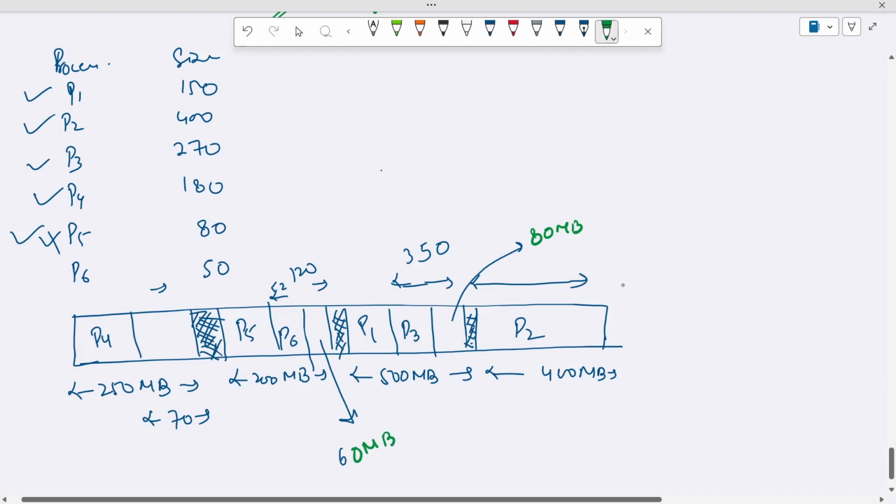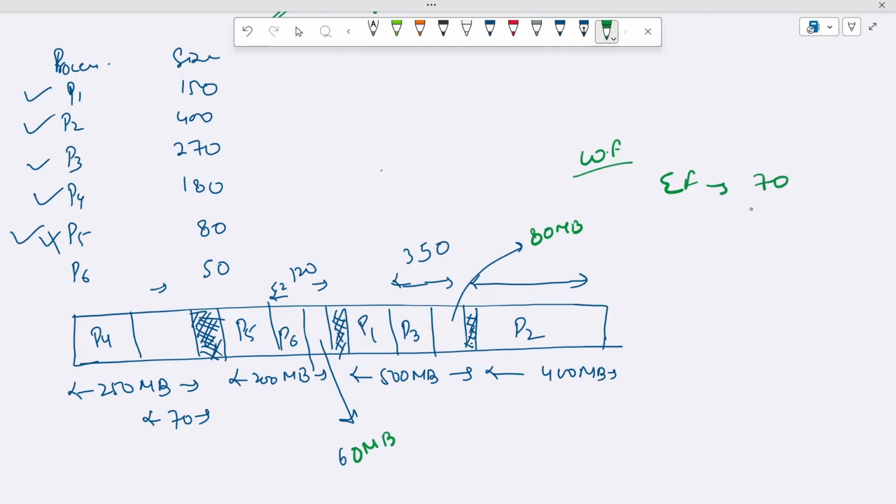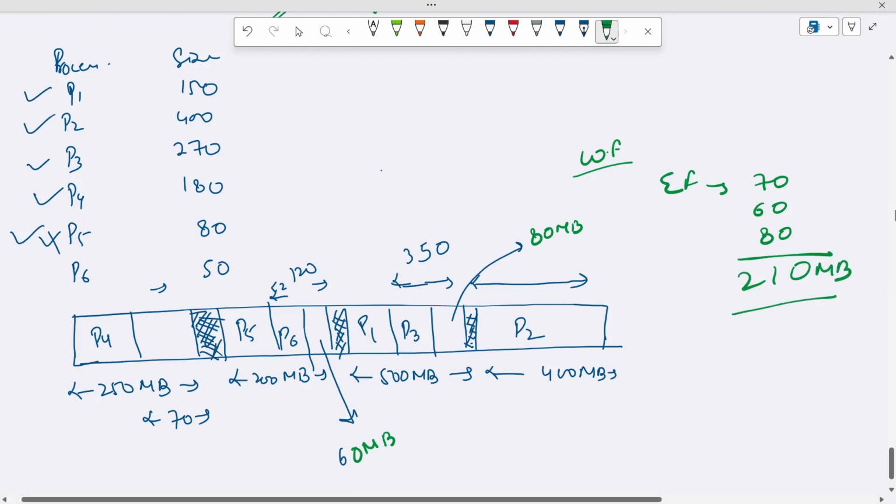So now let's calculate the external fragmentation in worst fit. 70, 60, 80, so it becomes 210 MB of space wasted, or you can say 210 MB of external fragmentation in worst fit.